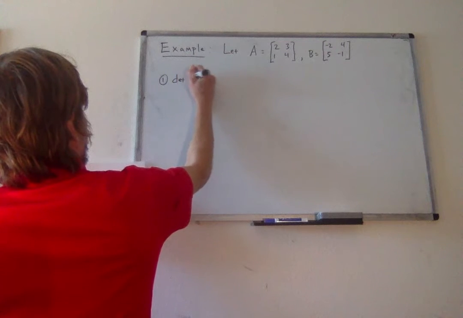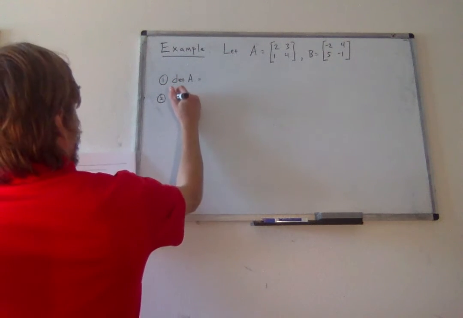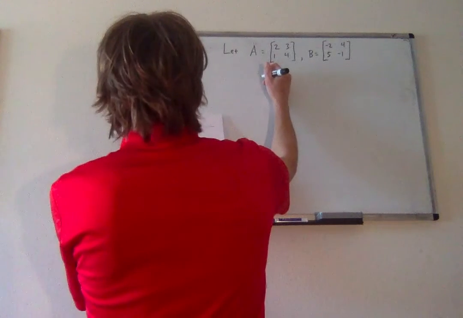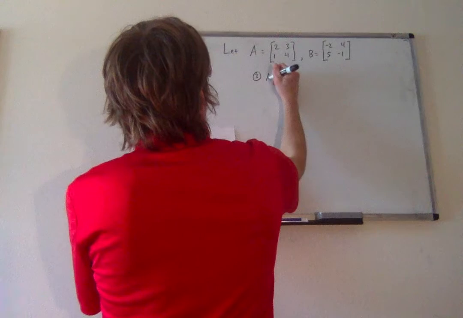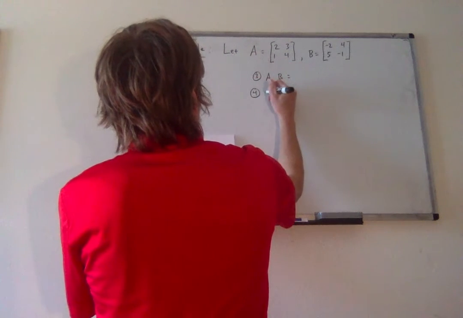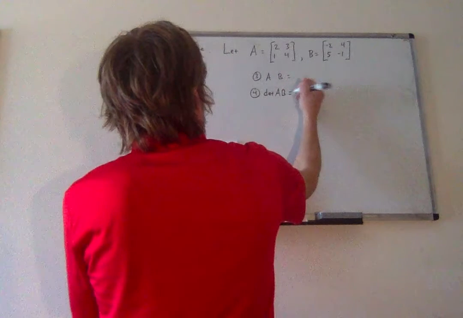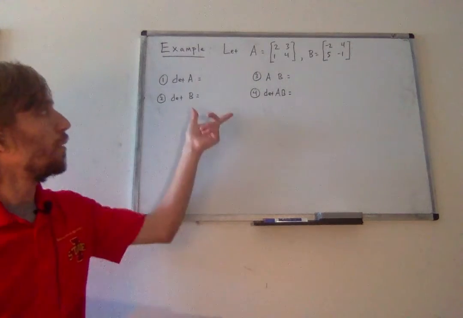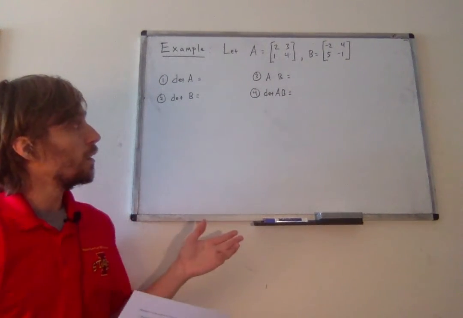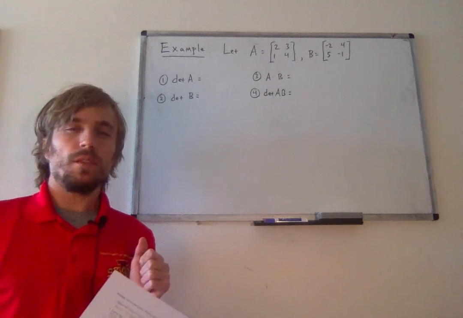We want to know the determinant of A. We want to know the determinant of B. We want to know what is the matrix A times B. And then given that matrix, we want to know what is the determinant of the matrix AB. So I recommend actually pausing the video here and going through it on your own. After calculating all 4 of these, see if you see any interesting patterns.